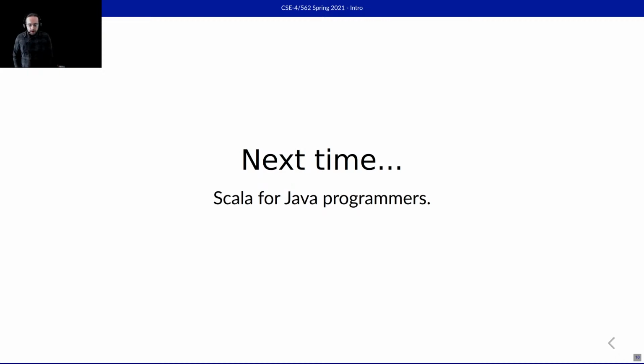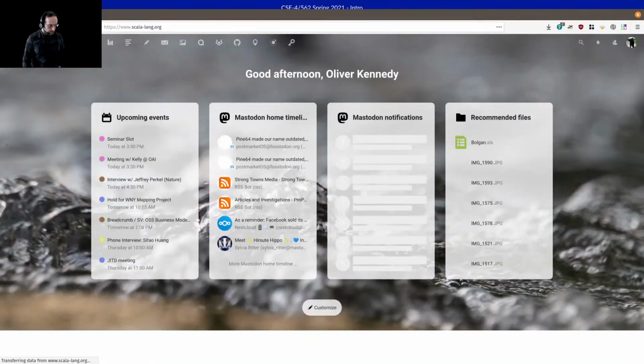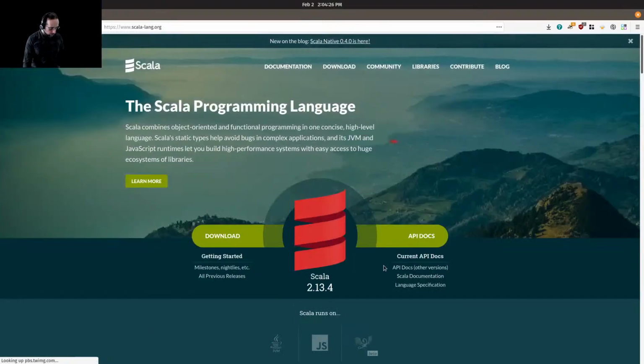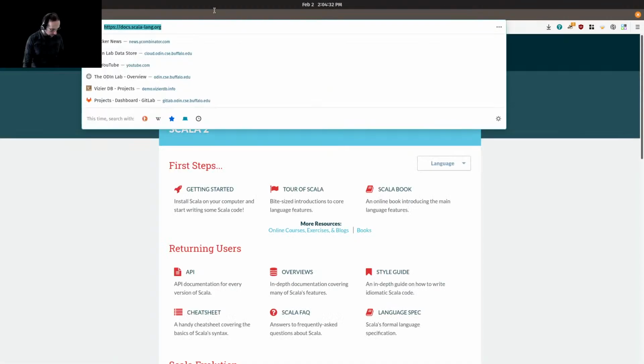In terms of additional tutorials, the Scala webpage, let me bring that up. If you go to the Scala webpage under Scala documentation, I'll paste that link for you in just a moment.